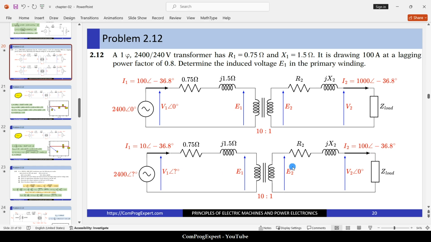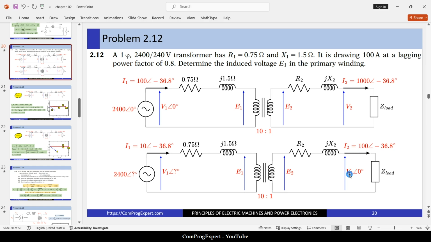In this case, this is V2, the voltage of the load impedance. And we know the angle of I2 with respect to V2. We can consider that the power factor is for this current and voltage combination for the load.